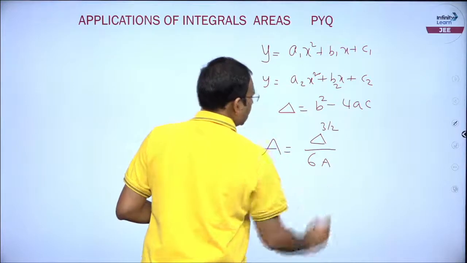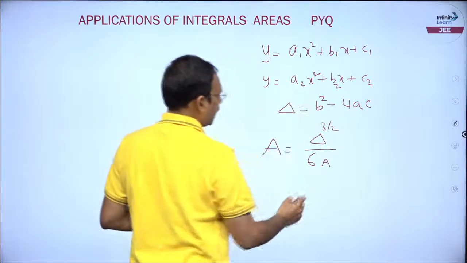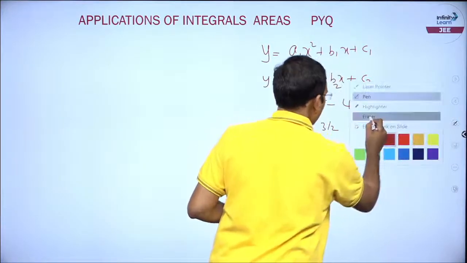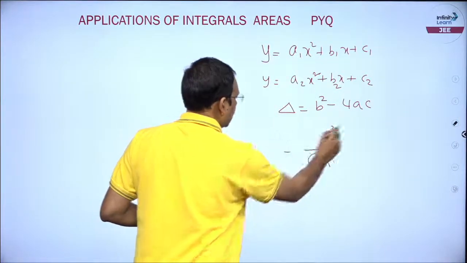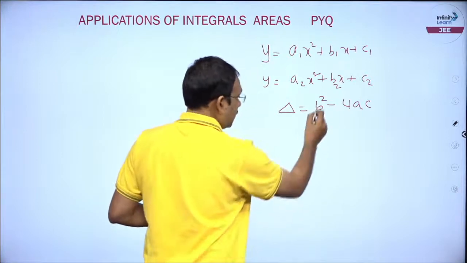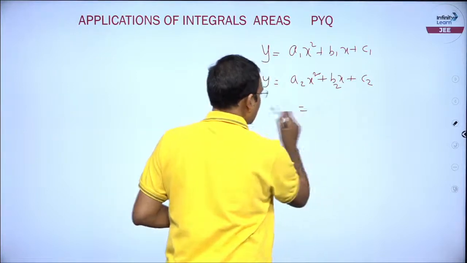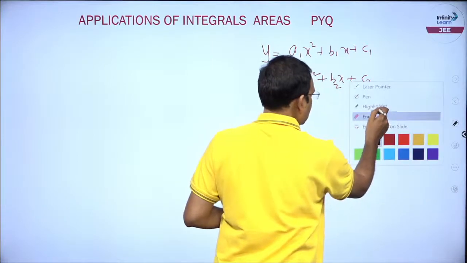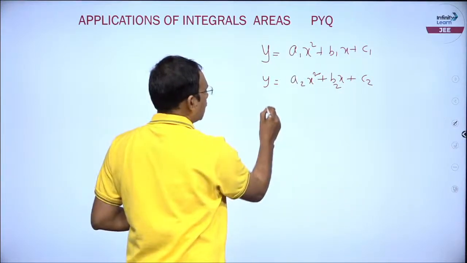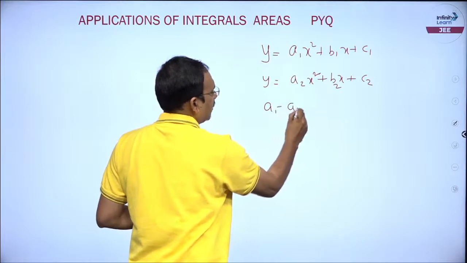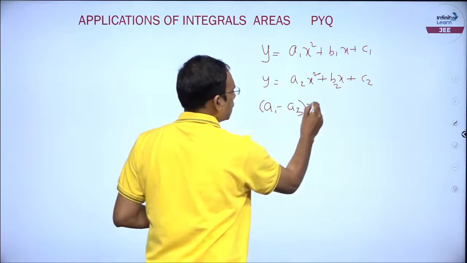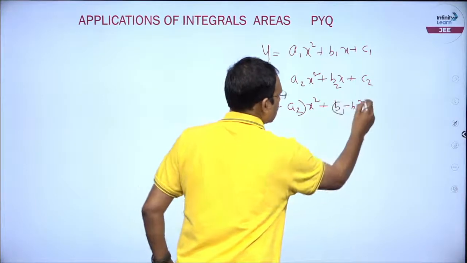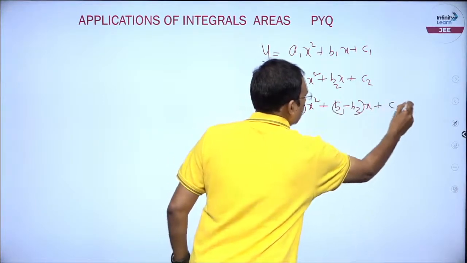Here let me give you one important point before you apply the shortcut. What is b square minus 4ac? You just subtract these two, you will get a1 minus a2 into x square plus b1 minus b2 into x plus c1 minus c2.